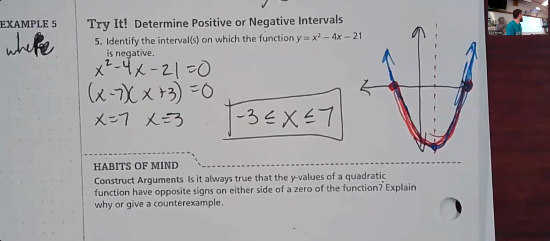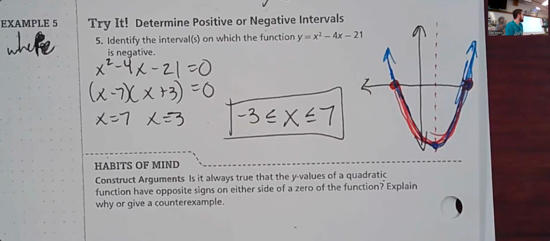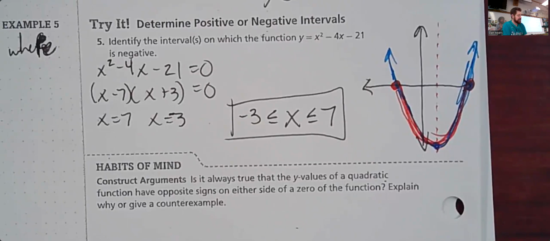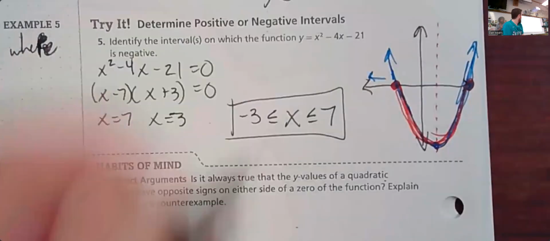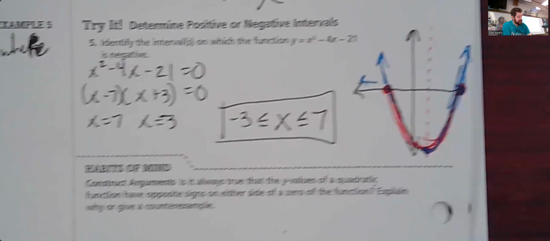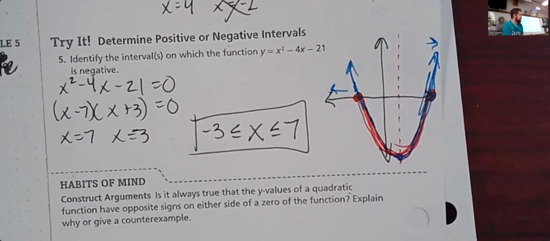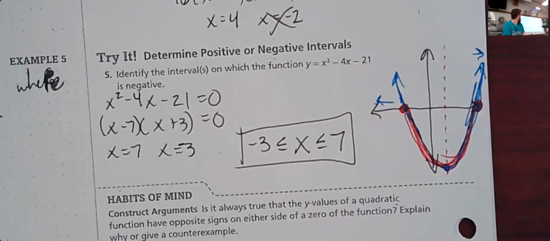Where are the y values positive? So that would be less than -3, right? Because that would be on the x-axis less than -3. And over here, that would be more than or equal to 7, right? Actually, more than or equal to 7. Or I guess greater than.